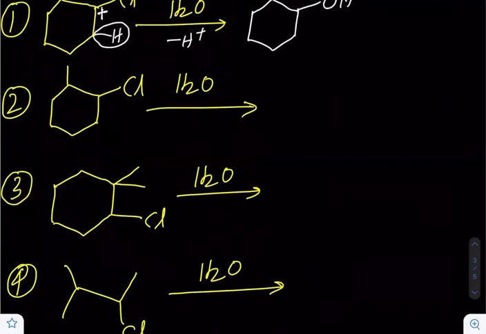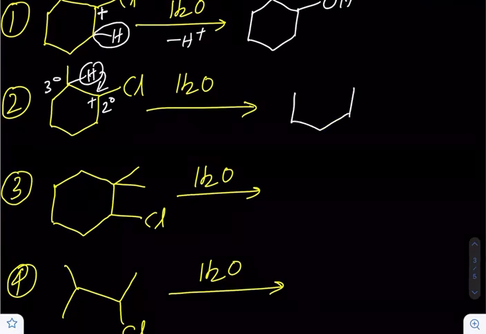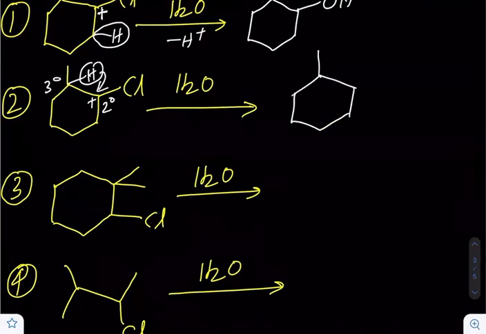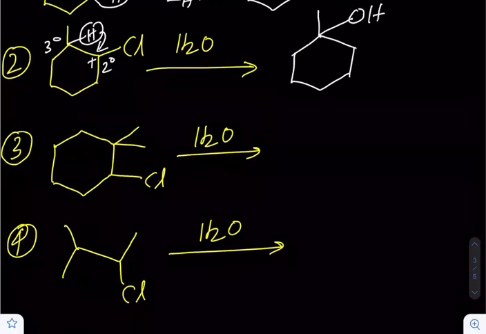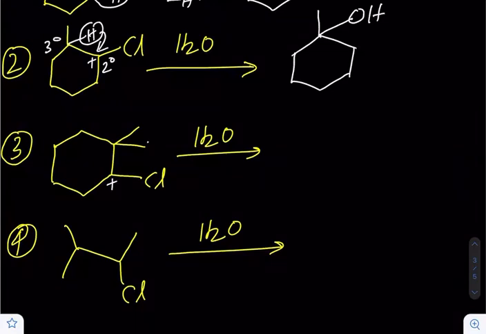In the second question, we have a carbocation, and the carbocation has the property of rearrangement. This is a secondary carbocation, this is a tertiary carbocation. So in this case, we will have a product like this. In the third question, the same carbocation forms and has the property of rearrangement.